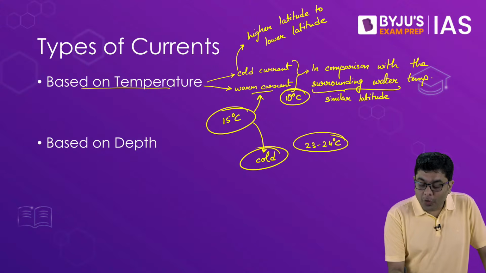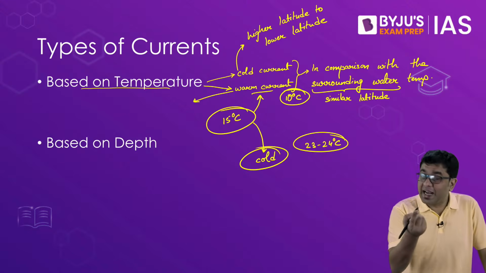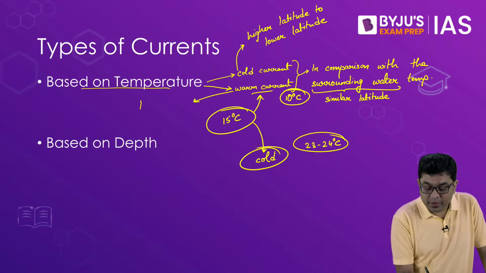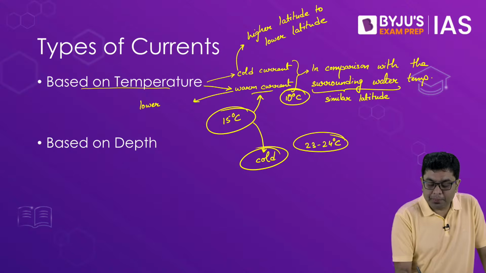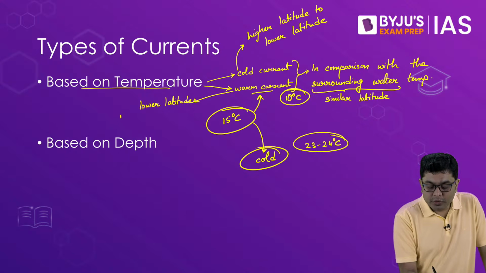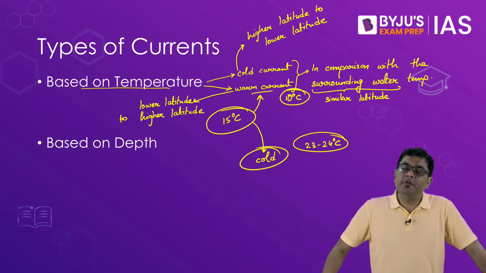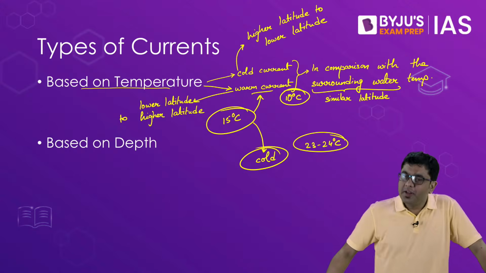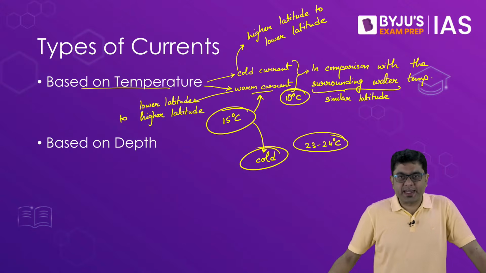When you have water coming from lower latitude to higher latitude, from around the tropics to the poles, that is what we refer to as a warm current. So that can be a general understanding.